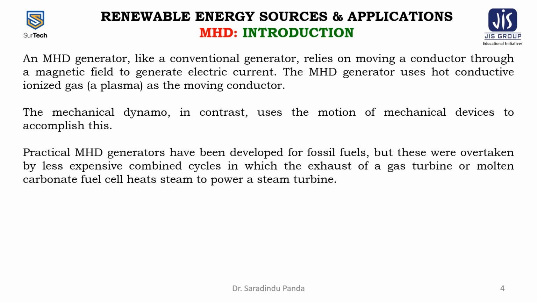Practical MHD generators have been developed for fossil fuels, but these were overtaken by less expensive combined cycles in which the exhaust of a gas turbine or molten carbonate fuel cell heats the steam to power a steam turbine.